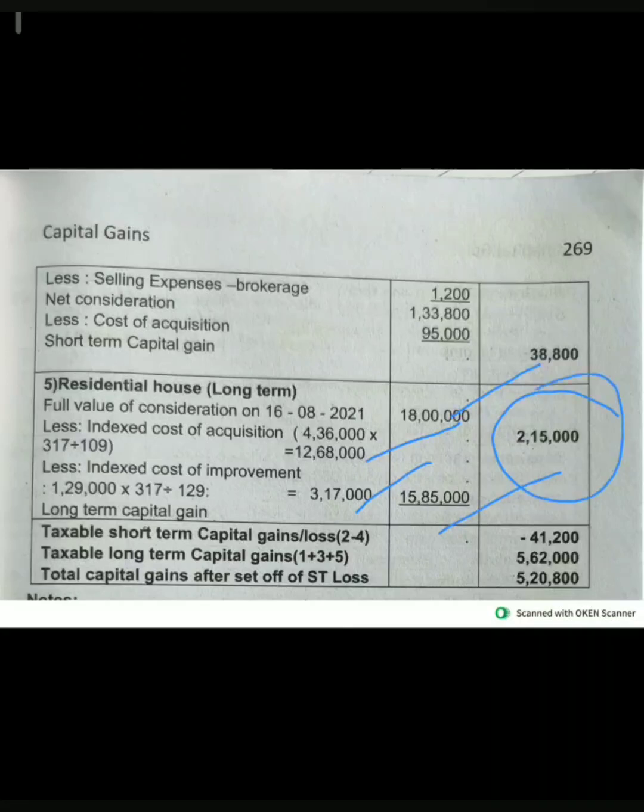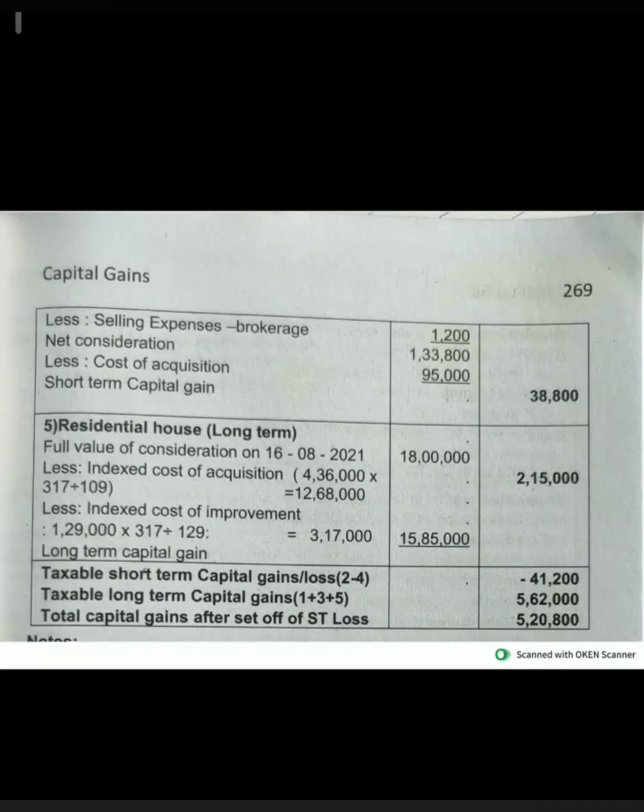Then, out of 18 lakh we have to deduct this 15,85,000. Taxable long-term capital gain is 2,15,000. So under this case, five capital assets' details are given.